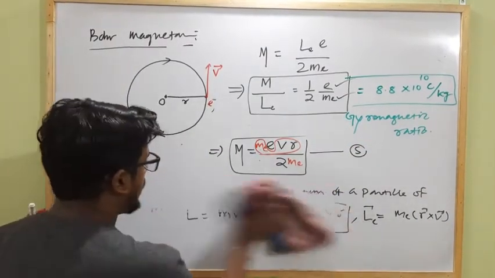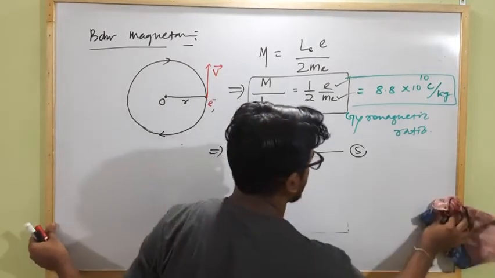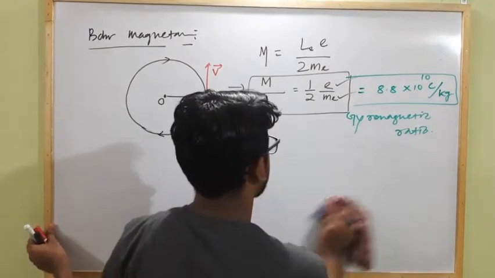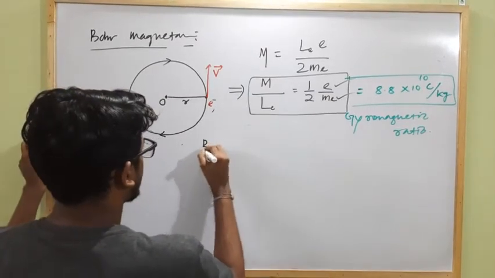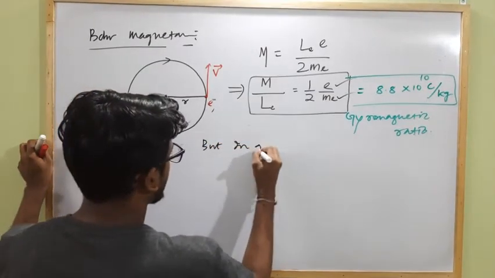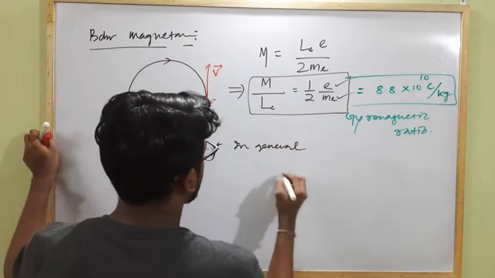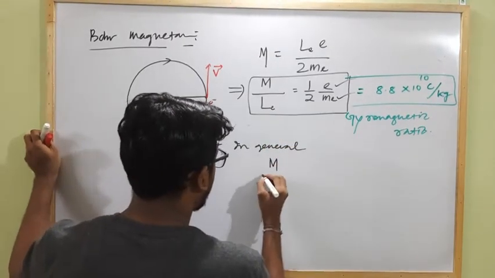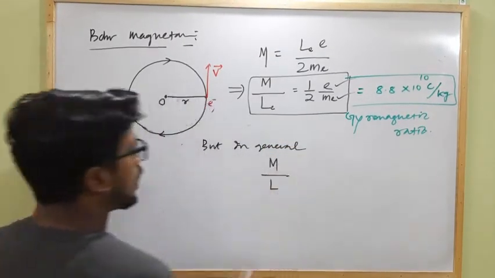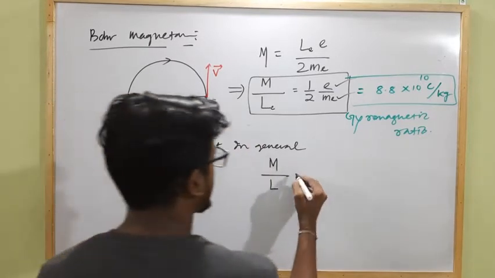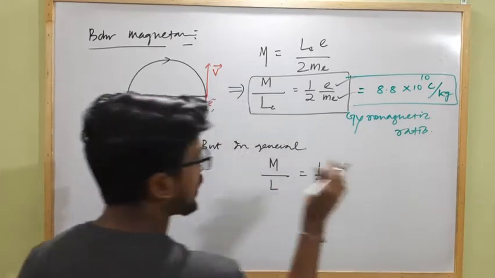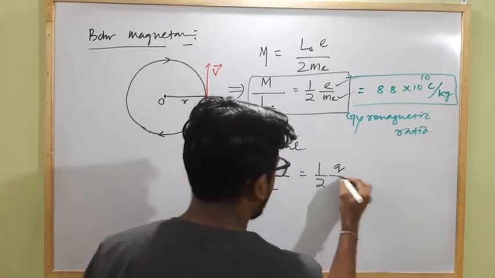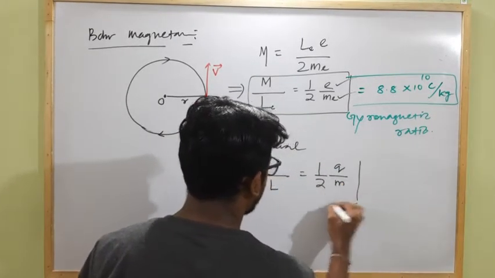But in general, you have to remember this relation. The ratio of magnetic dipole moment with angular momentum of any object will be equal to half into the total charge carried by that substance divided by total mass of that substance.